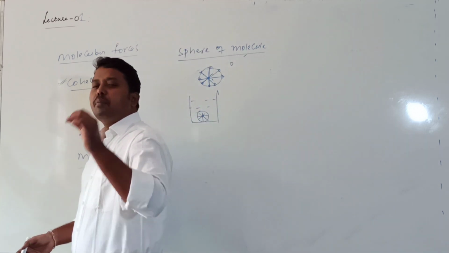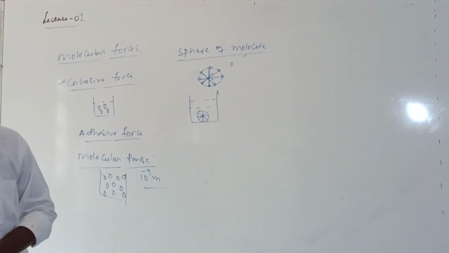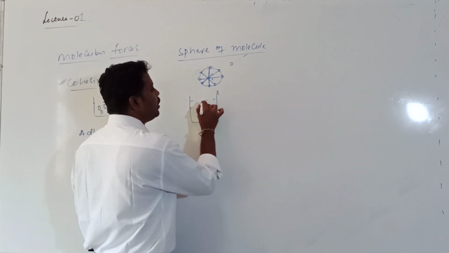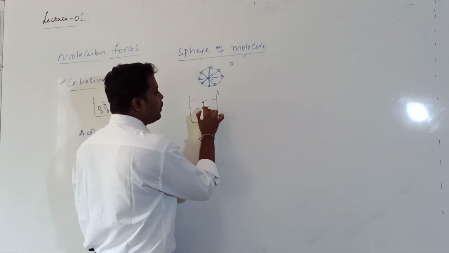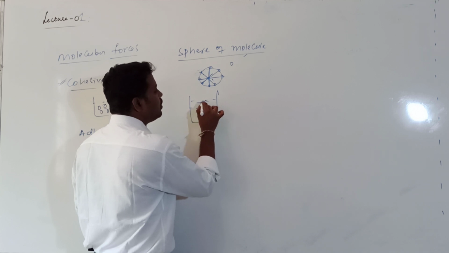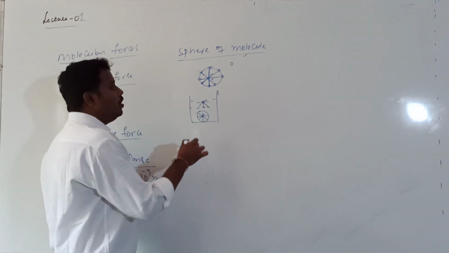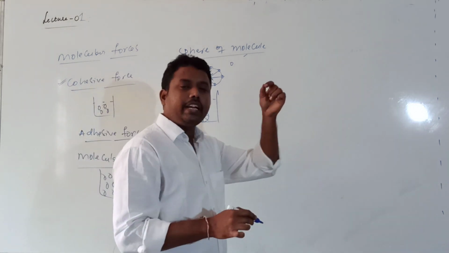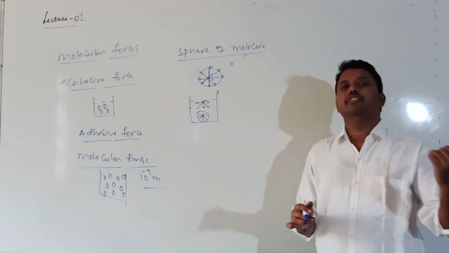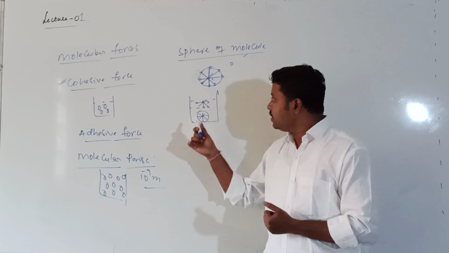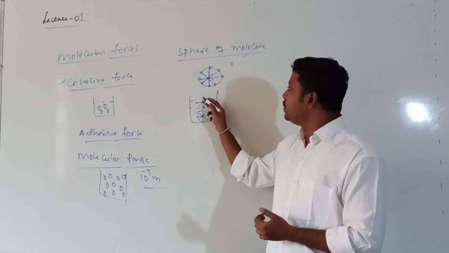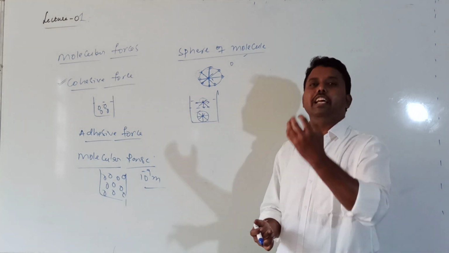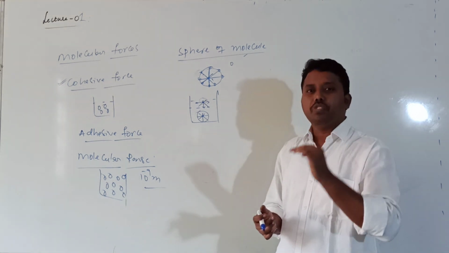But if a molecule is on the surface, there are no molecules above. The force acting towards the right and left will be balanced, but the force acting downward will be more compared with the upward force. So those molecules on the surface will experience an inward drag, a net downward force.